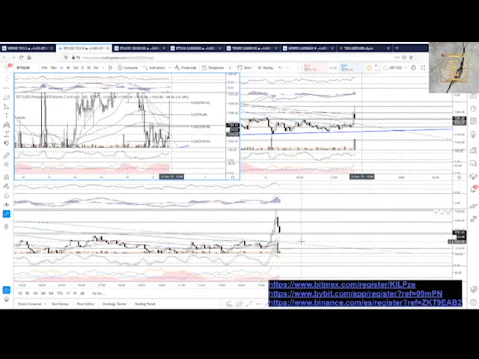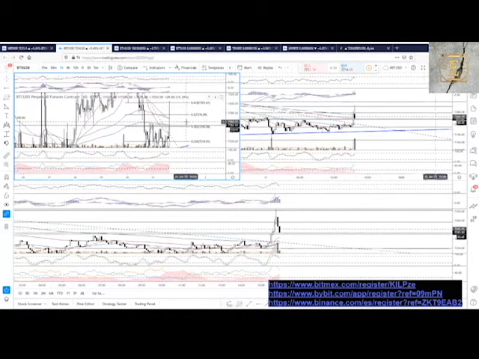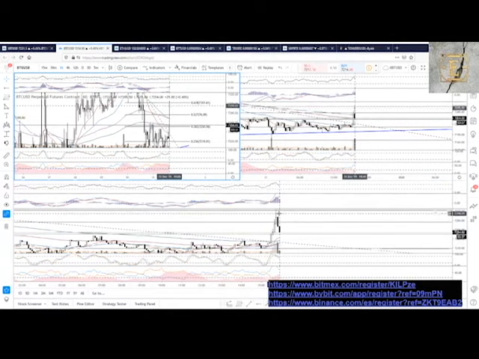Big reaction. If now this one acts as support, I'm going to get angry. But it's possible. It's acting now as support. Oh my god. Why? Because they are taking profits, probably.